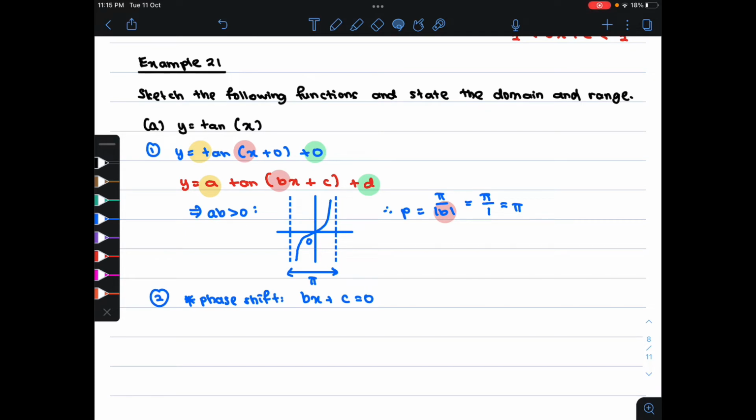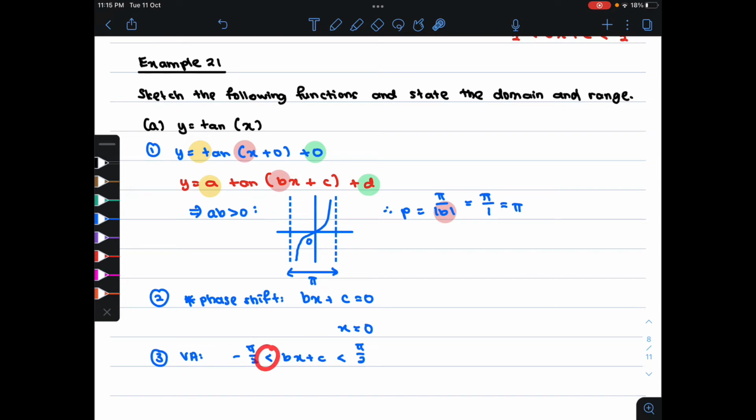The second step is to find the phase shift. So just write bx plus c equal to 0. In this case, it's going to be x plus 0 equal to 0. And hence, x is just equal to 0. The third step is to find the vertical asymptote using this inequality.